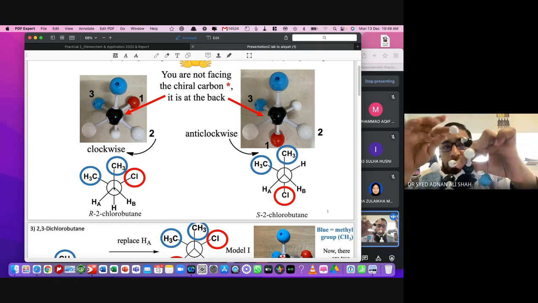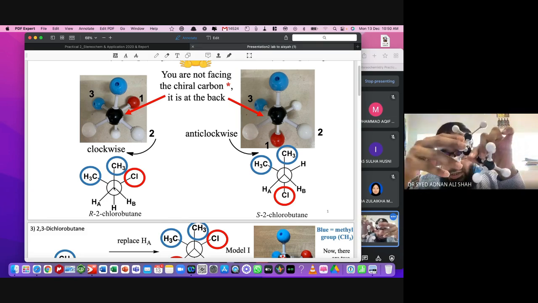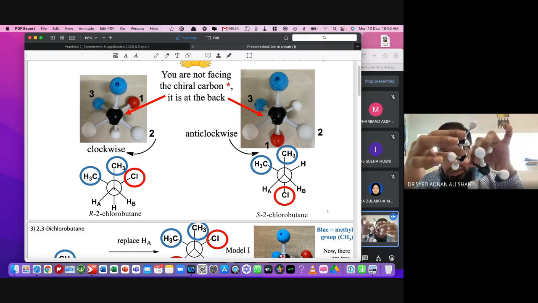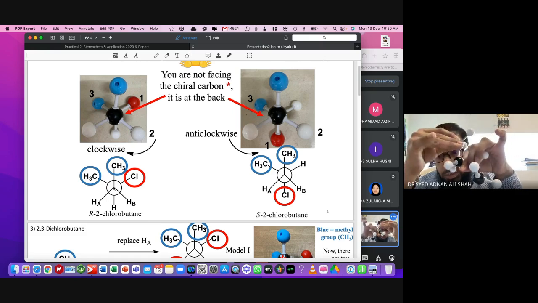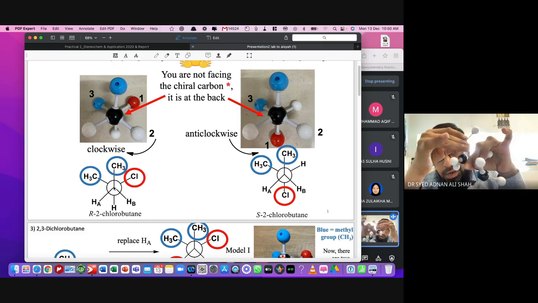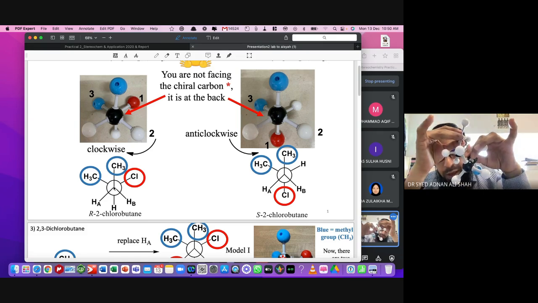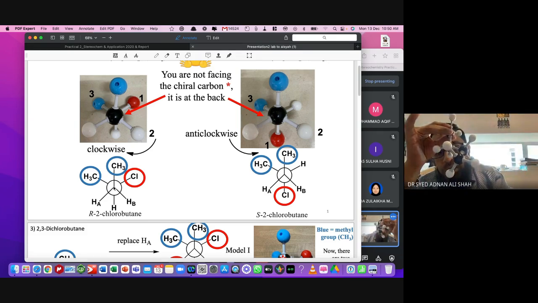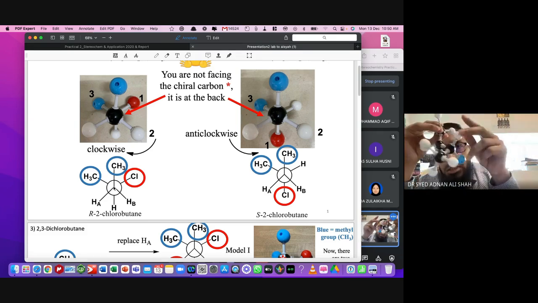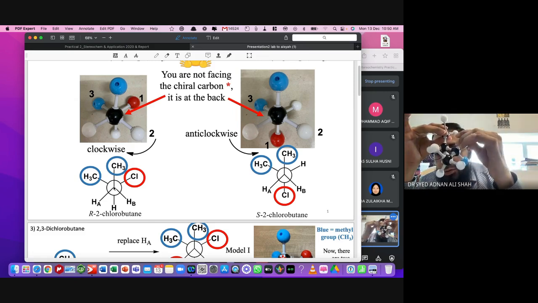So this one has two hydrogens with this carbon dot, and then this one is CH3. And at the back is chloride, CH3 and hydrogen, like this.